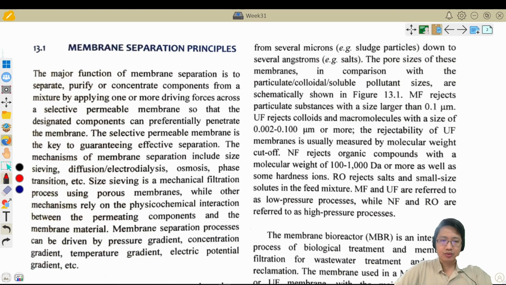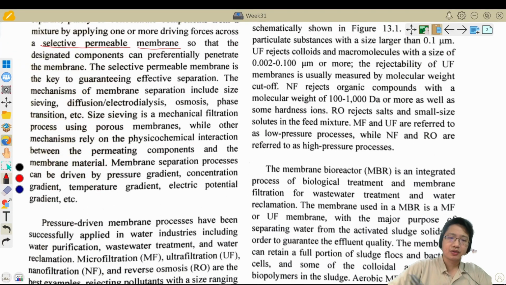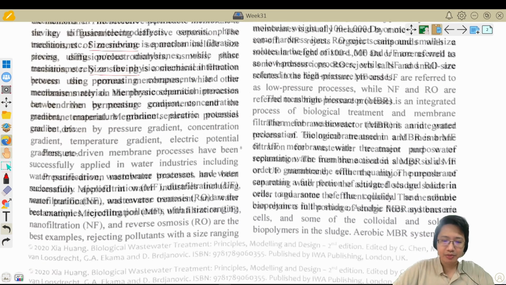It uses a driving force across a selectively permeable membrane, so you will be able to separate the solid on one side and let the liquid pass through the membrane pores. It uses the principle of size sieving, which is a mechanical filtration process using porous membranes.